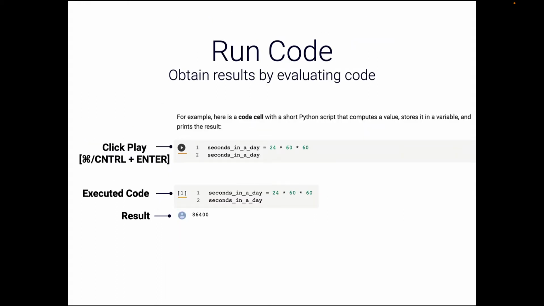Going a little bit more forward, Google Colab allows us to very quickly obtain results by running code. So here we can click the play button, or Command or Control Enter, and we immediately see executed code alongside of the results. So we know that the number of seconds in a given day is equal to 86,400.